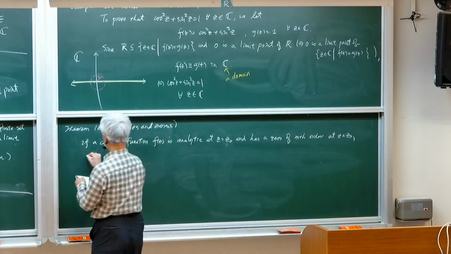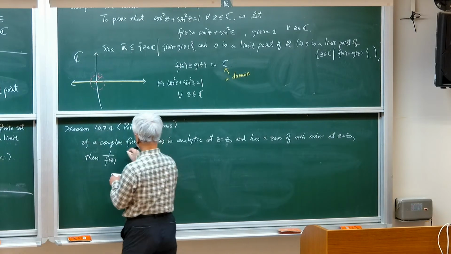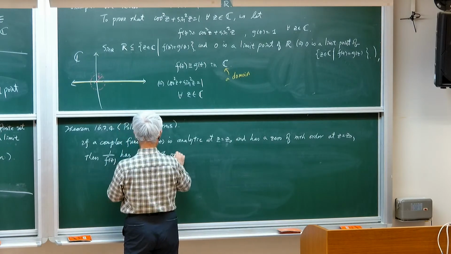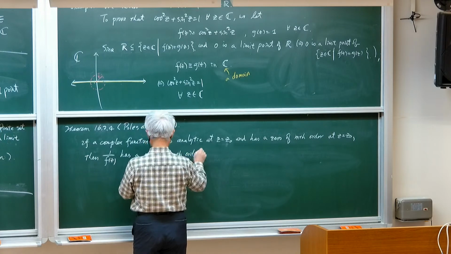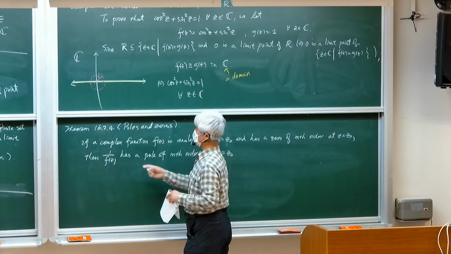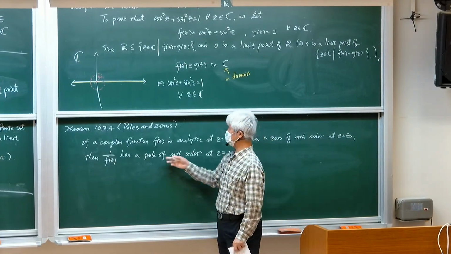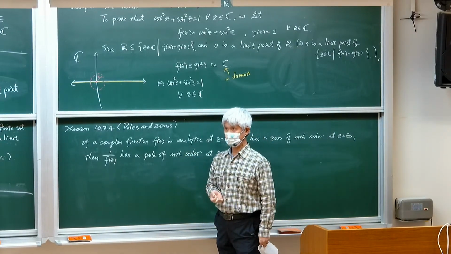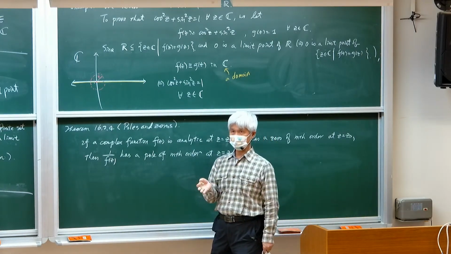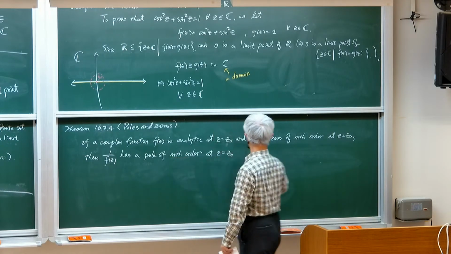Then 1 over f of z, so we take the reciprocal, has a pole of order m at z equals z0. So the reciprocal has an isolated singularity at z equals z0, and this isolated singularity is a pole of order m, the same m as here.